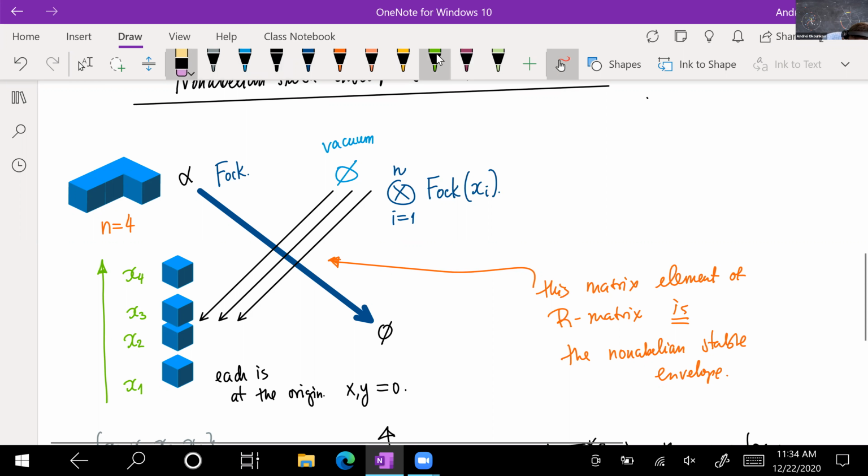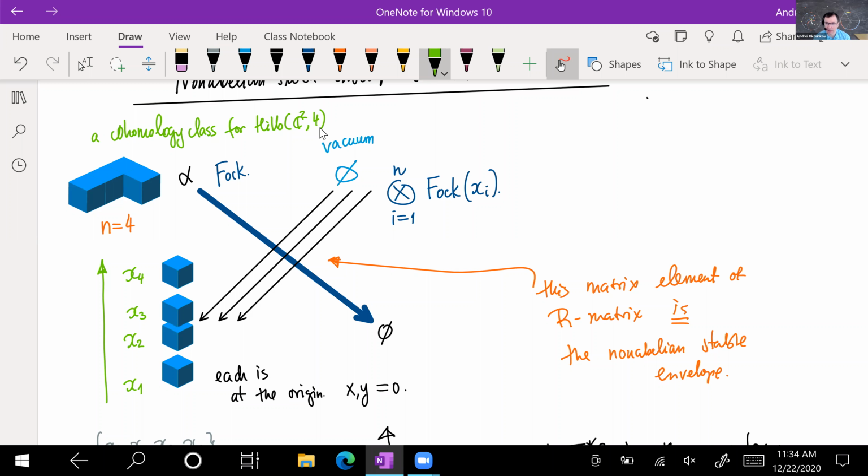This is a cohomology class for Hilb of C2, in this case 4 points, and then we would need to manufacture from it a symmetric function of 4 arguments.